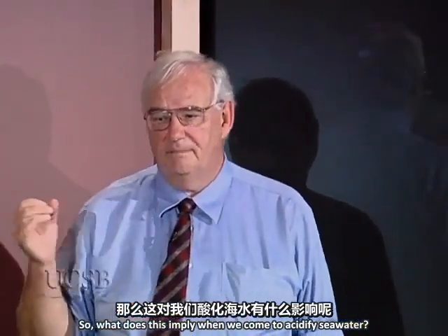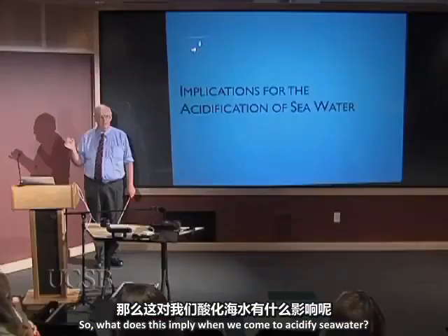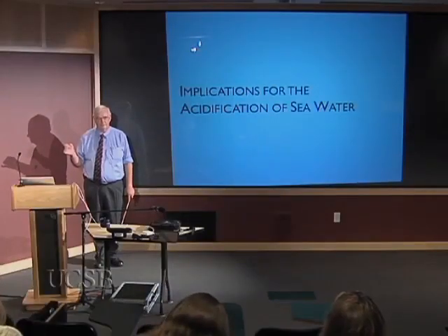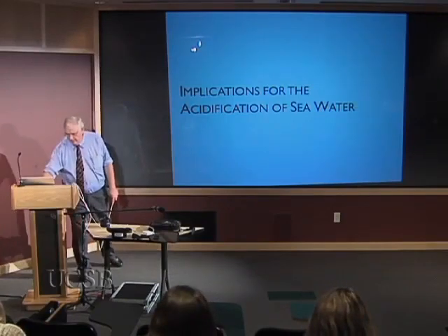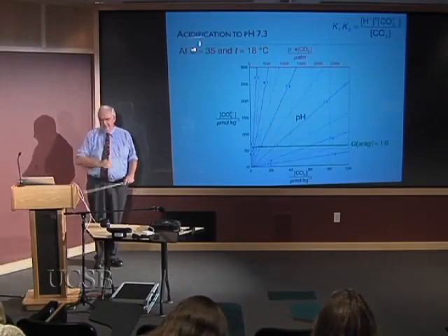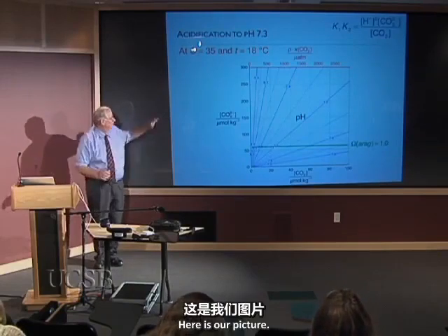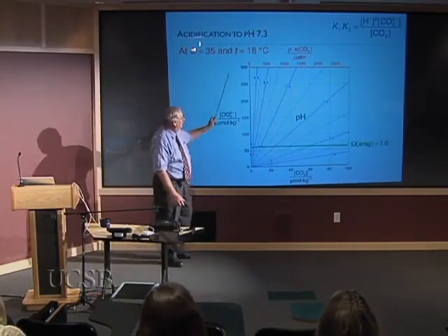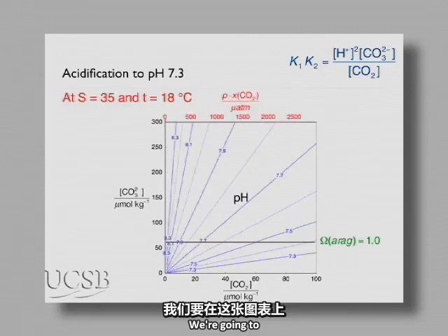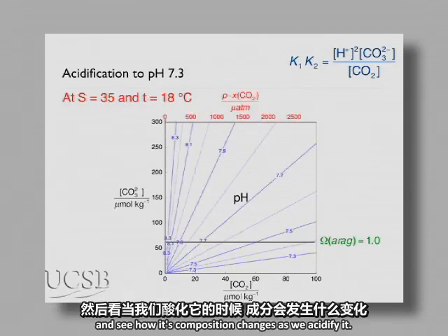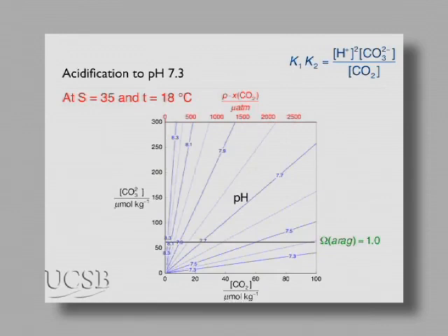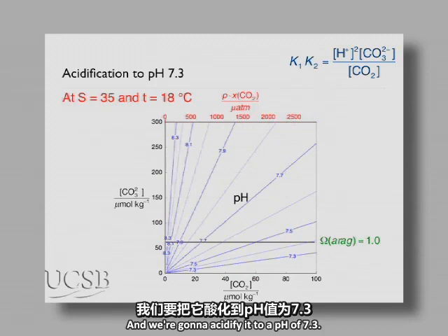So what does this imply when we come to acidify seawater? Here's our picture. We're going to choose a seawater that's somewhere on that diagram and see how its composition changes as we acidify it. And we're going to acidify it to a pH of 7.3.